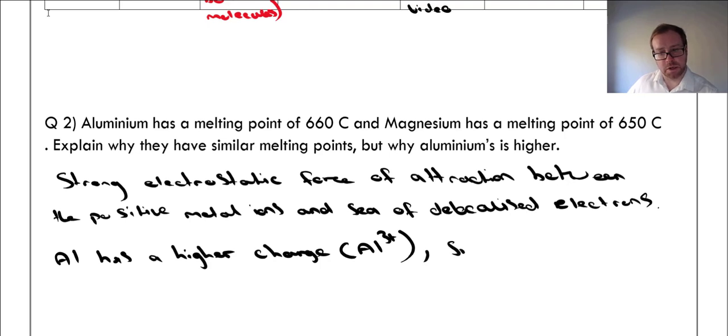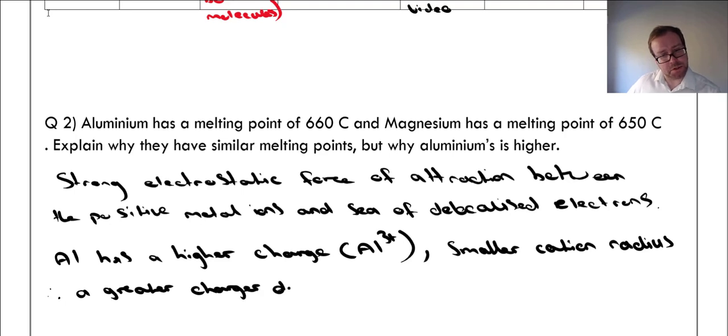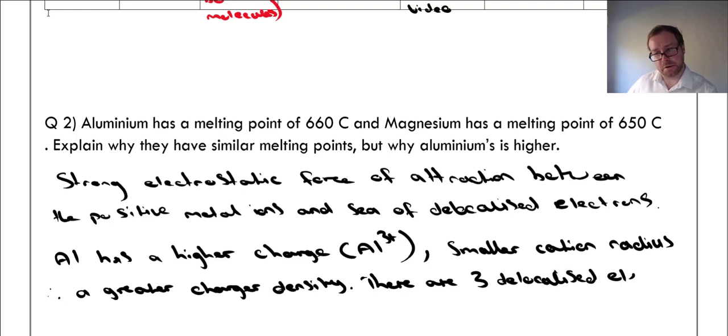It also has a smaller cation radius, and therefore, this word we used previously in our examples above, a greater charge density. We also know that there are 3 delocalized electrons per metal ion.